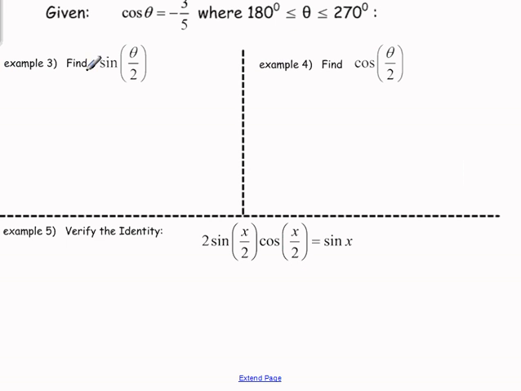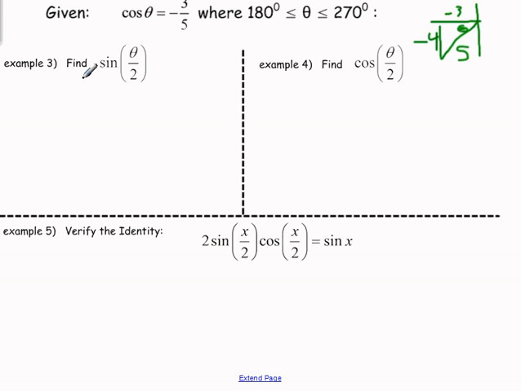Alright, so now same concept again, except you're given a triangle to work with here. So the triangle we're given to work with, we're going to draw off first. So it's in between 180 and 270, so it means it's in quadrant 3. Theta goes there, okay? So that's negative 3, that's a 5, that should be a negative 4.